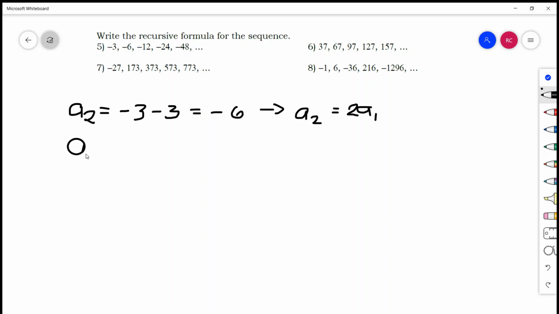Now our a sub 3. So we have negative 6 minus 6 is equal to negative 12. So this is our third term, negative 12. This is also simply the third term is equal to twice the second term.